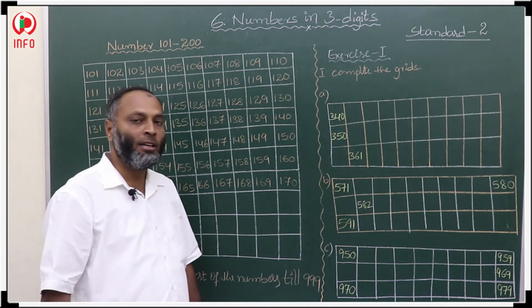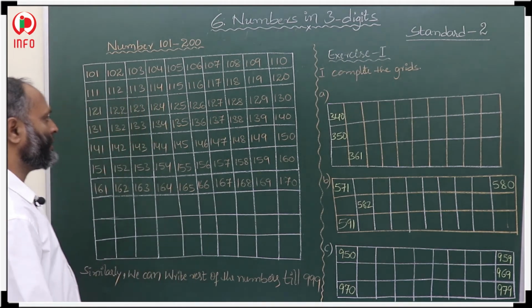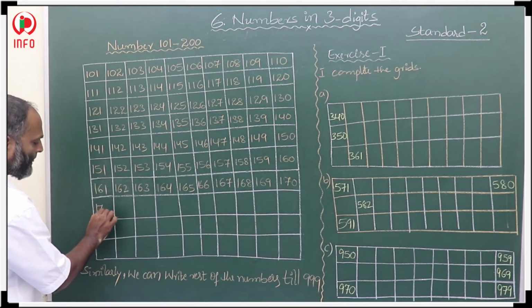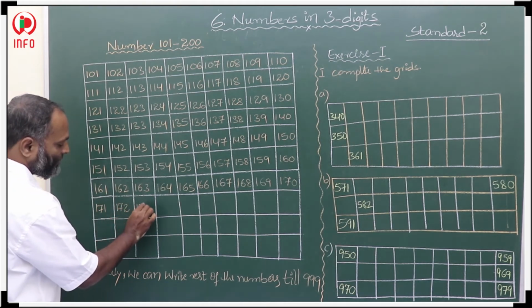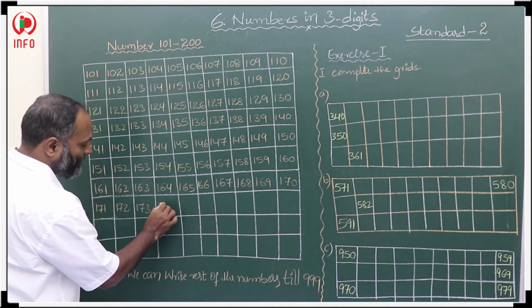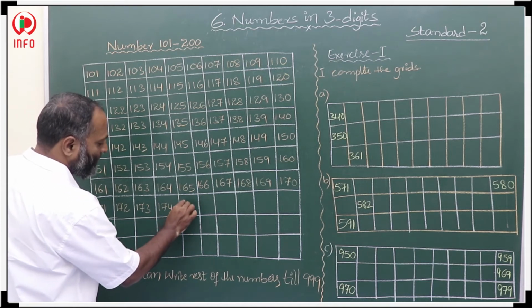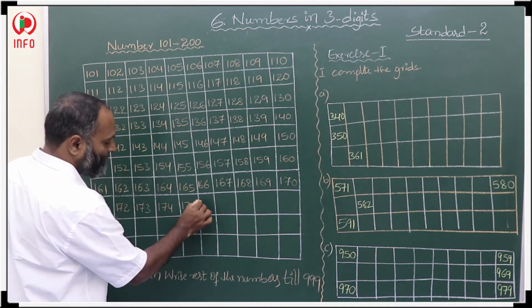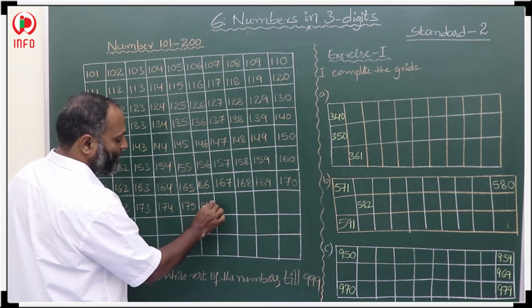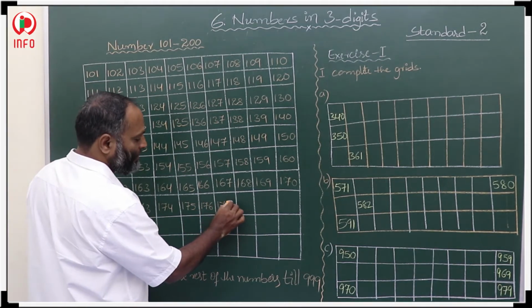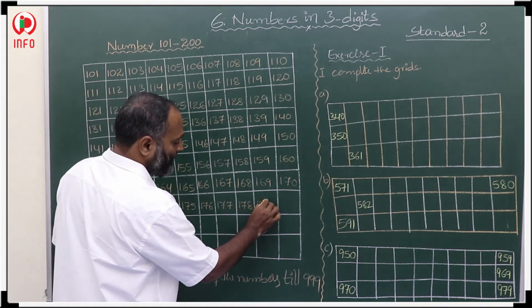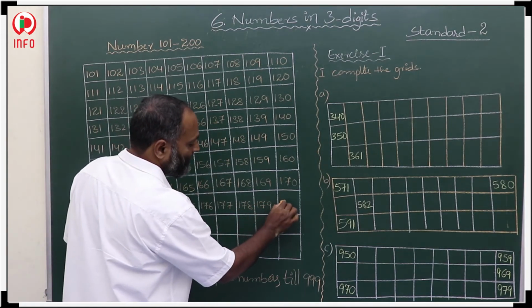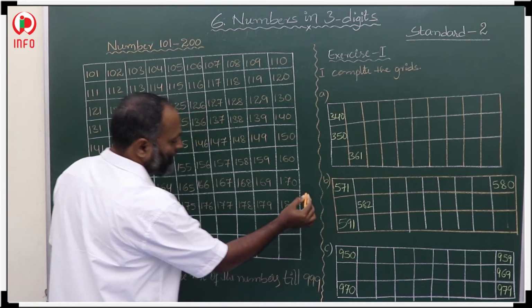170. Then after that 71, so 171, 172, 173, 174, 175, 176, 177, 178, 179, 180.